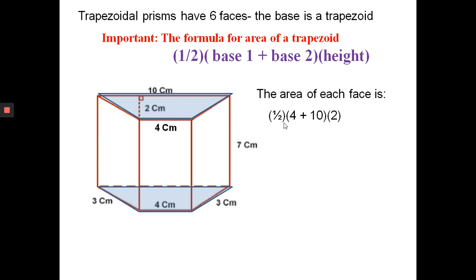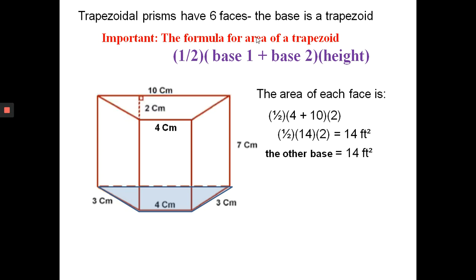So 1/2 base 1 plus base 2 times the height, which is 2, and we get 14 square feet. Okay, so the sum of the two bases is 14. Okay, so now that's the area of one of the bases. Since this is a prism, the other one is congruent, so we're just going to copy that down, 14 square feet. So now we have the two bases.